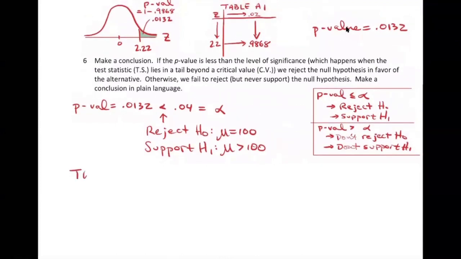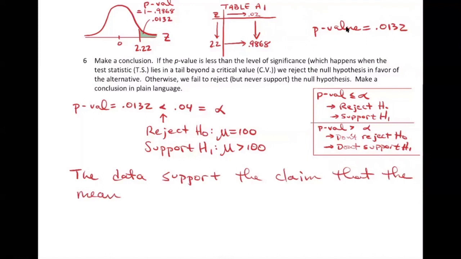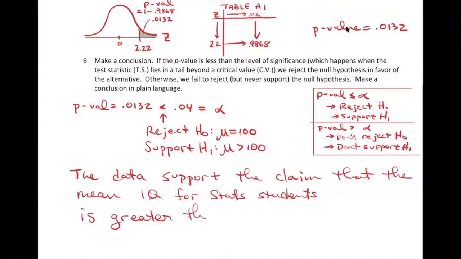So we'll say the data are what tell us this. They support the claim that the mean IQ for stat students is greater than 100. Okay?